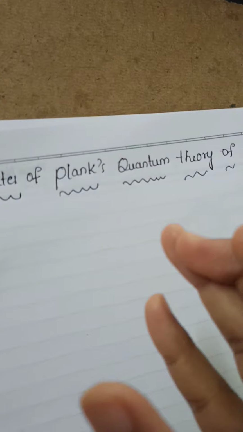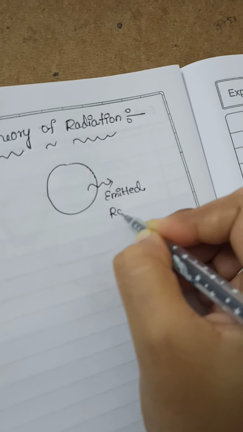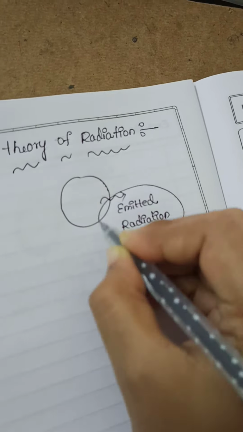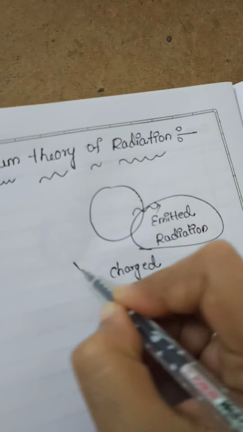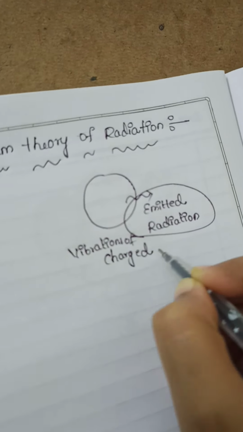According to Planck, the emission of radiation, whatever radiation is emitted by the black body, is purely because of the vibration of charged particles inside the body. For example, if this black body emits some kind of radiation, this radiation is completely because of the vibrations of the charged particles inside of the body.